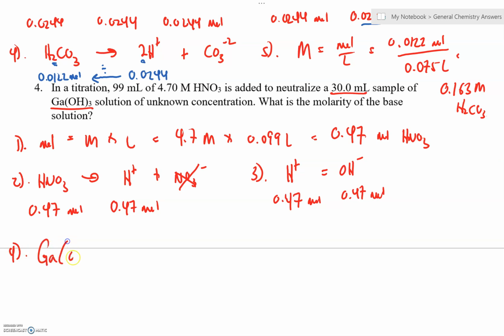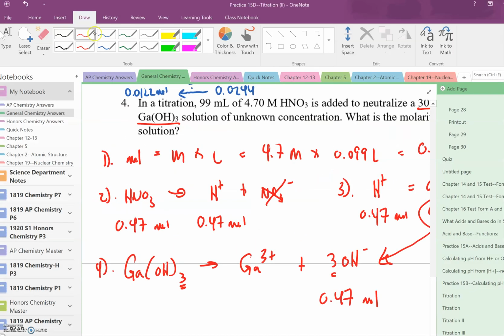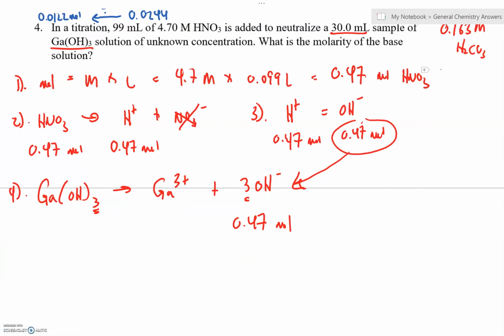Ladies and gentlemen, be very careful. This is gallium hydroxide. You have not 1, not 2, but 3 hydroxides. Well, you just found out how many hydroxides you had. 0.47 moles. We're getting them from gallium hydroxide, which has 3 per.